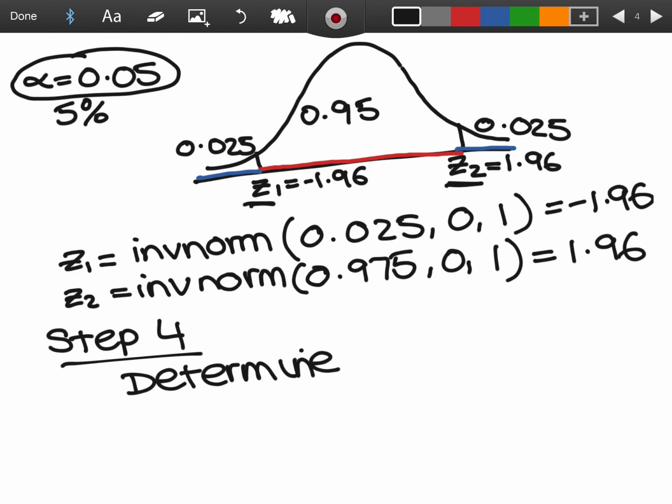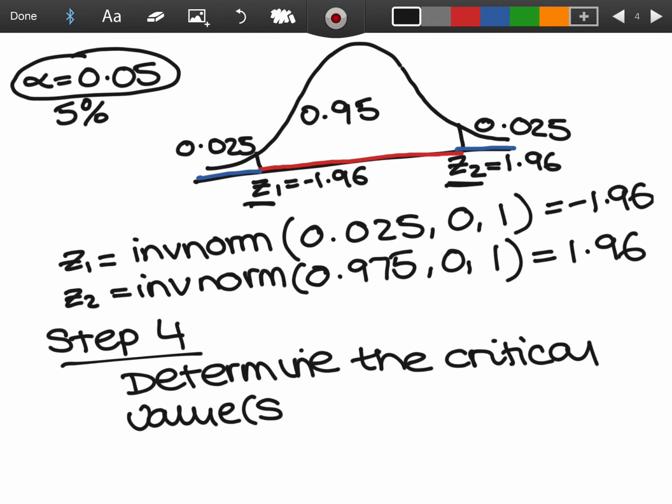So you would just have one critical value. But here, because we've got a two-tailed test, we end up with these two different critical values. So that's what we've done here by finding Z1 and Z2.